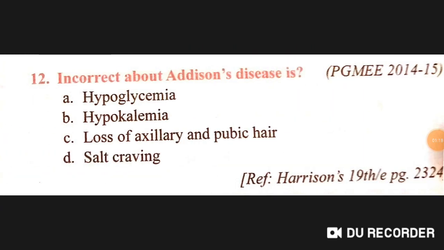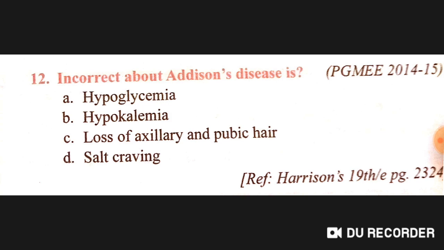Now, incorrect about Addison disease: is there hypoglycemia? Yes, because there is low cortisol level, low glucocorticoids, and low aldosterone level. Hypokalemia here? No, there is hyperkalemia because aldosterone is under functioning. So what was the work of aldosterone?